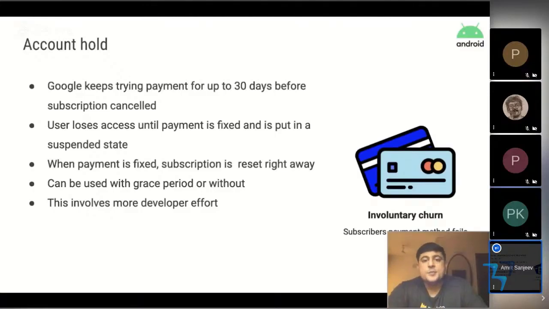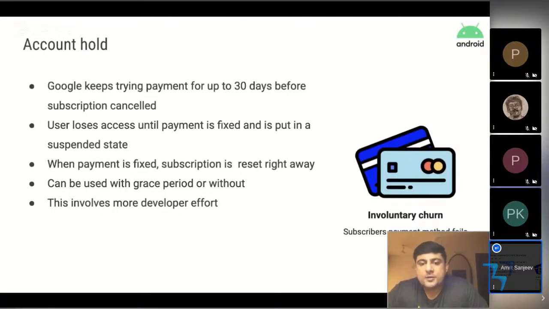In case of grace period, it is basically just ticking a checkbox in Google Play Console. But in account hold, there is a little more developer effort, because you might want to show the user something when your account goes into hold. You might want to inform your user accordingly, because suddenly the user will start seeing a different behavior from the app.